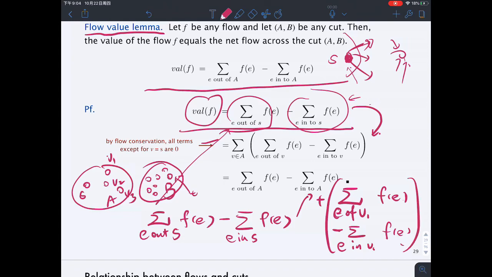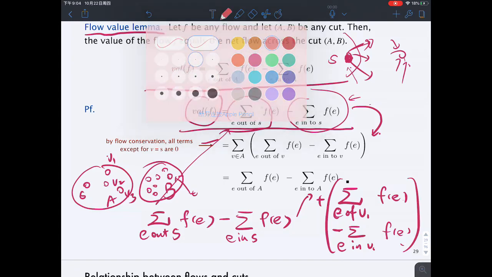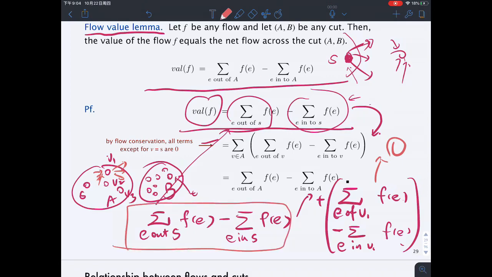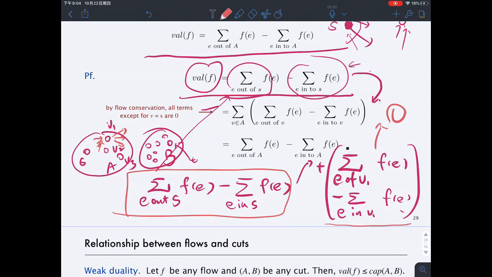I can look at all the value coming into V1 and all the value going out of V1, so this term is actually 0. If I add a 0 term, it leaves things unchanged, so I can feel free to add this term.